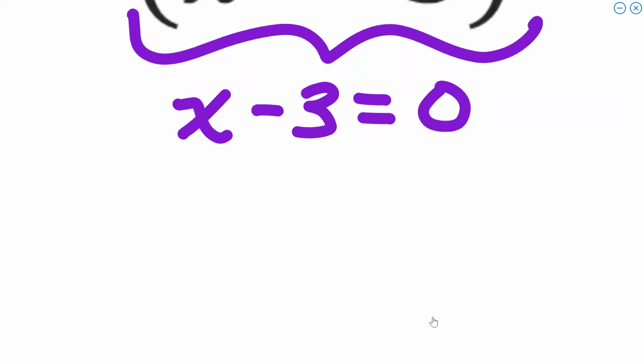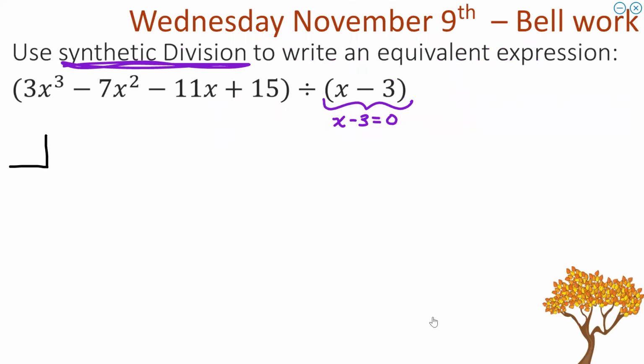What do I need to do to solve for x? Add 3 to both sides, yes. So I have x equals 3, so 3 is what I put up in this little box.